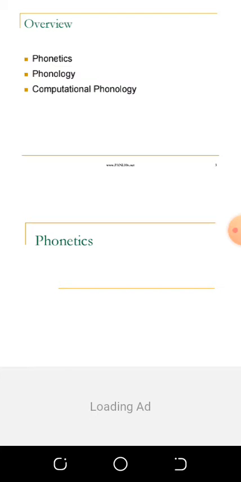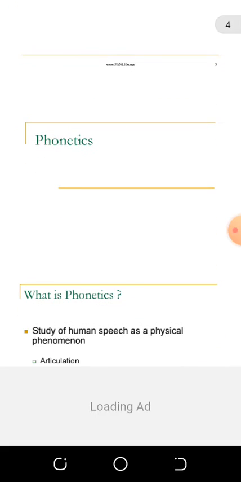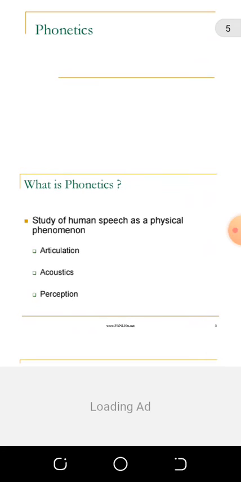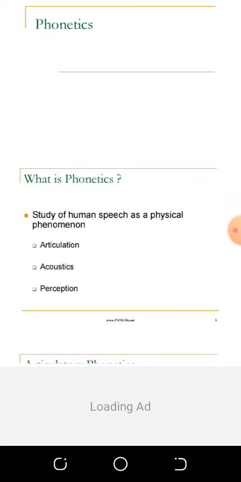Now, in this aspect, today we are going to see the difference between phonetics and phonology. Here, what do we generally understand about phonetics? This is a very short definition of phonetics: phonetics is the study of human speech as a physical phenomenon.